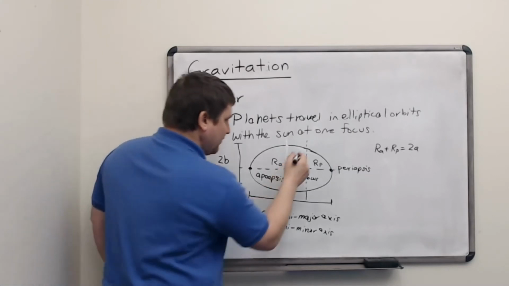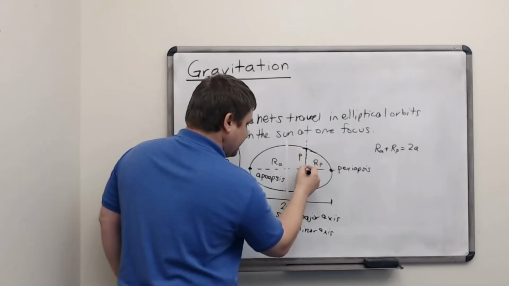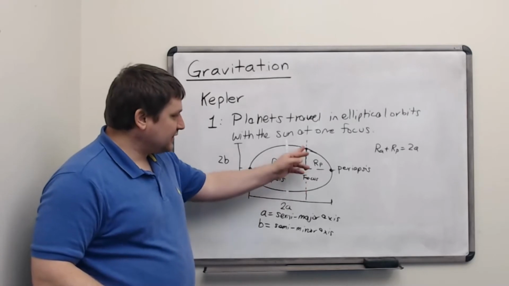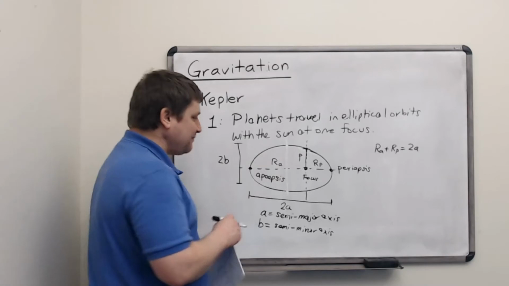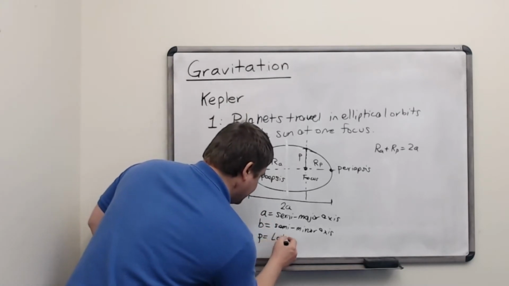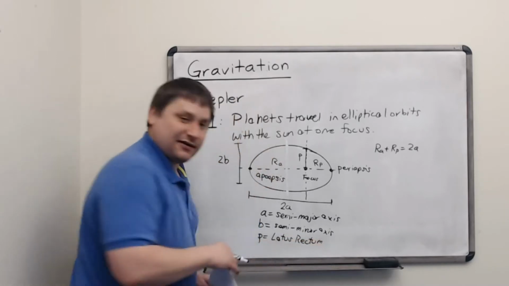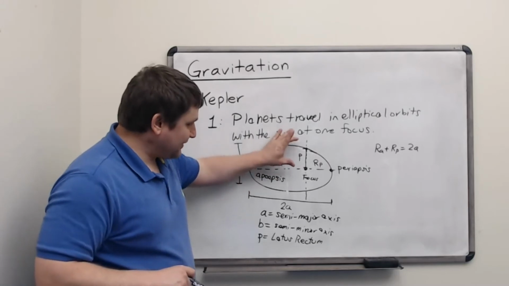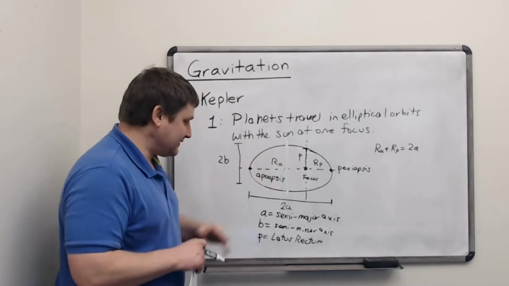There's one other variable that we'll use for the geometry of the ellipse. And this is the distance along the vertical axis from the focus to the point where the ellipse crosses the vertical axis. The symbol for this is p, and it is called the latus rectum, or Latin for the right length, right? Perpendicular to the major axis is a right angle.